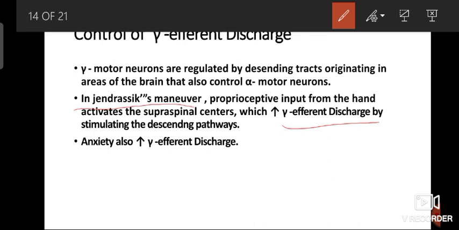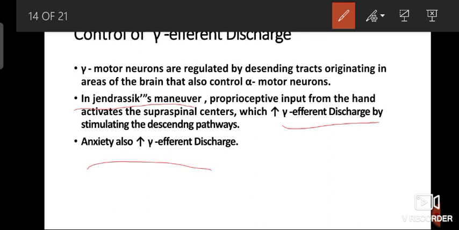It increases gamma activity, causing increased sensitivity of the muscle spindle, which indirectly activates the spindle and 1A, stimulates alpha motor neuron, and the extrafusal muscle fibers contract. So it helps in contraction of the muscle.